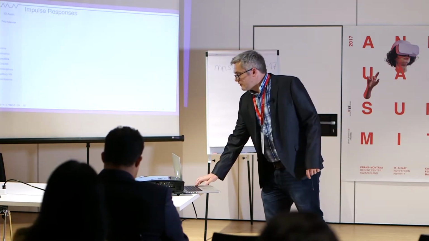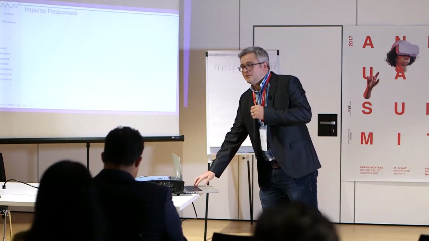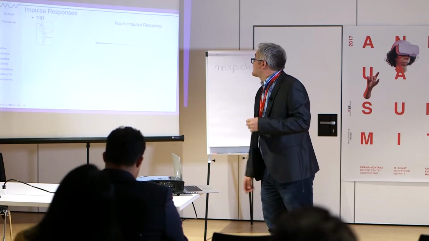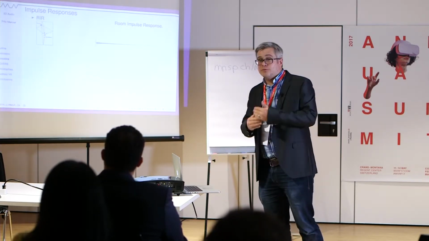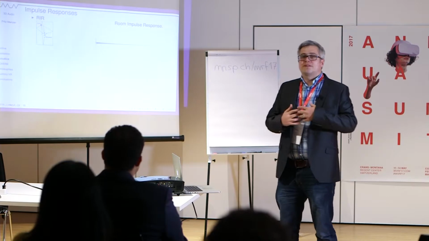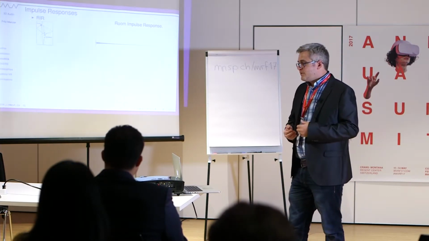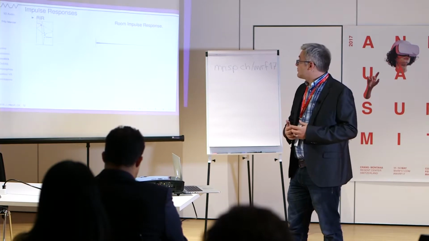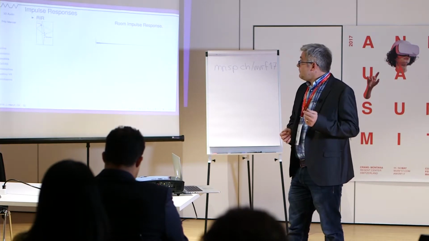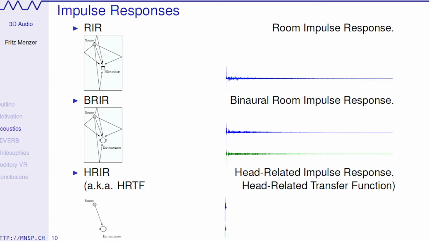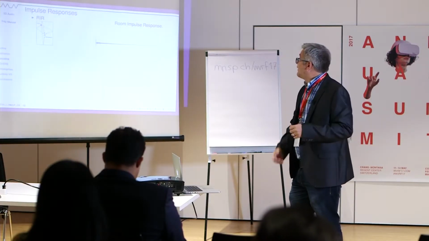Now, to go deeper into the acoustical side, I want to talk about the room impulse responses. So we talked about the head-related impulse responses before, or HRTFs if you like the other acronym. But that is the head side of it. The other side is, of course, the environment, or in this case, the room.